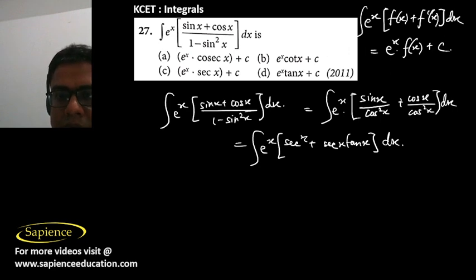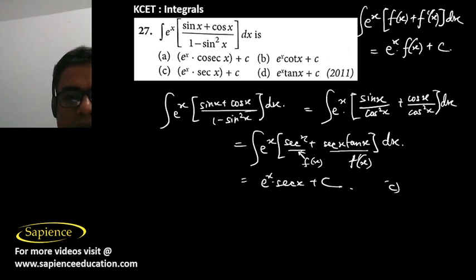So here if I take sec x as f of x, then sec x tan x will be f dash x. So this will be e power x into sec x plus c. So option C is the correct answer.